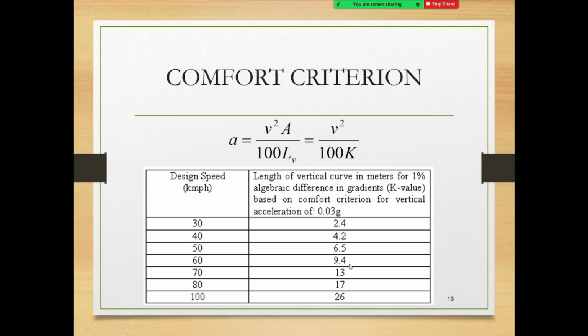But now if you flip down to the stopping sight distance criteria in a vertical alignment, you will understand that once you provide the K value for stopping sight distance, usually they are satisfied for higher speeds. Only for 30 kmph or so do you have to consider this comfort criterion. In all other speeds, if you provide the stopping sight distance K value, this comfort criterion is automatically satisfied.